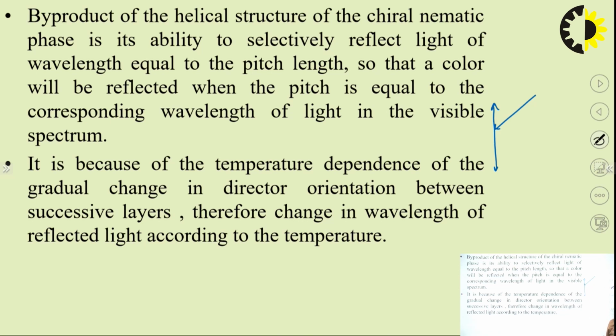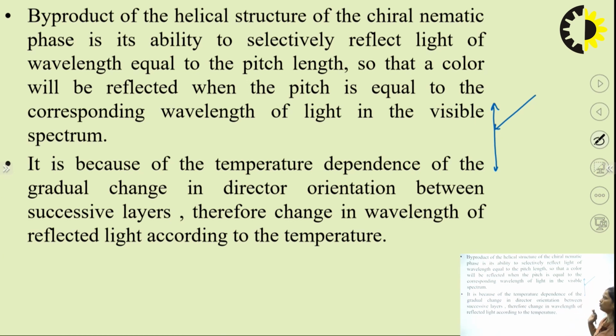The light can be reflected. How does the chiral liquid crystal reflect light? It reflects when the wavelength of the light is equal to the pitch length. So which light this chiral liquid crystal is going to reflect is actually determined by the length of pitch in a particular chiral liquid crystal.